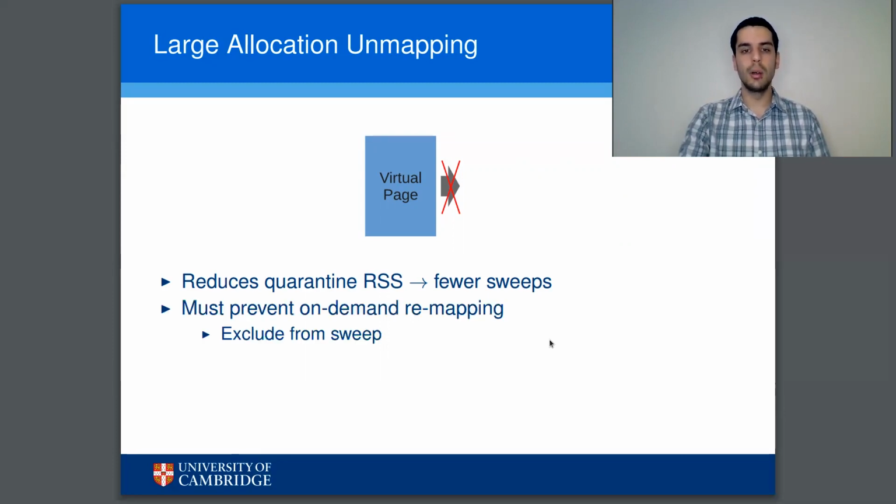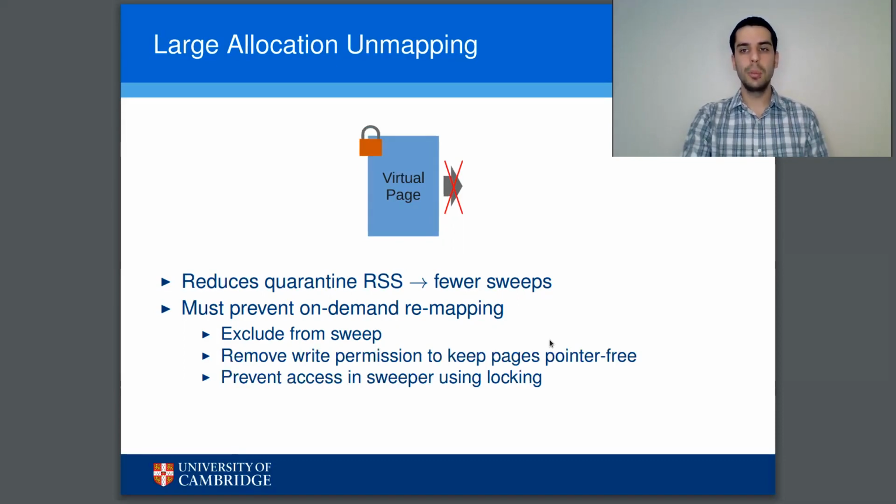There's now a danger, however. When the sweep is triggered, it will scan through memory, and the operating system will remap the physical pages on demand when we read from these pages. That means we must exclude these from the sweep. Doing so, however, introduces a blind spot in the sweep. Pointers could be dumped onto these pages. We prevent this by removing permissions from these pages and locking them.